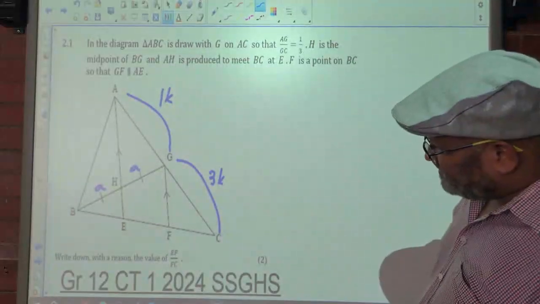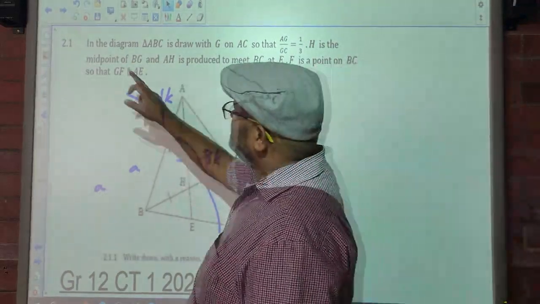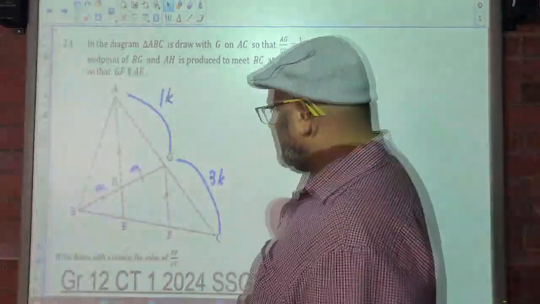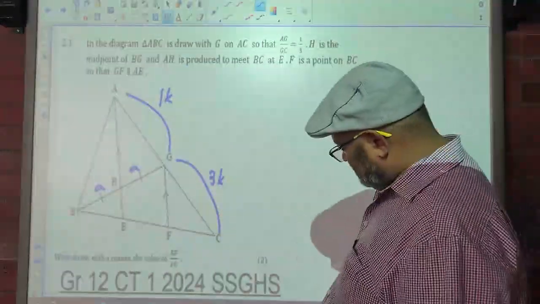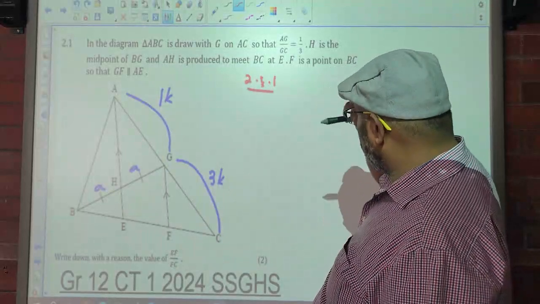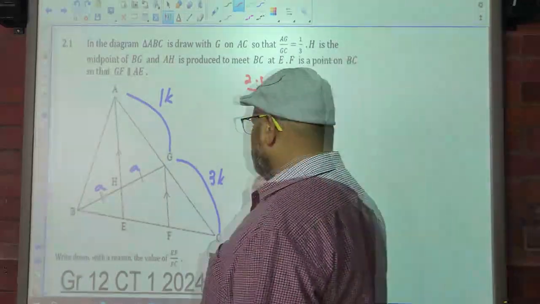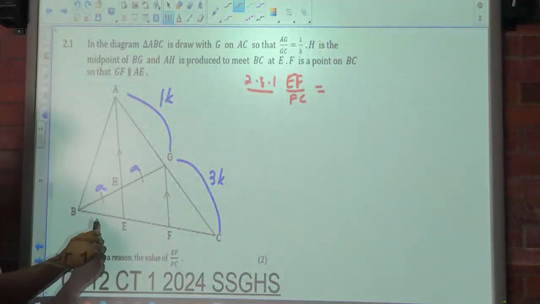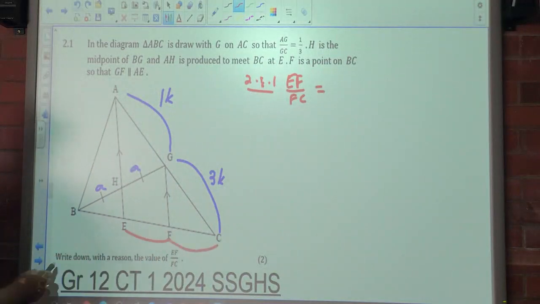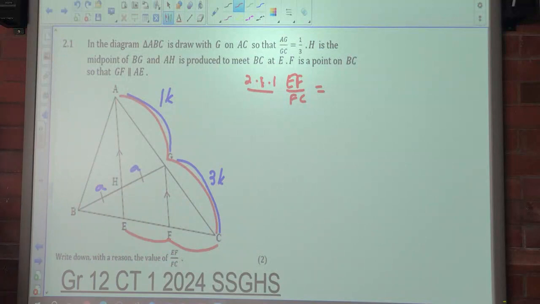Then the question says, write down with reason. Okay, so that is 2.1. So there's a 2.2 as well. Write down with reason EF over FC. So when I look at EF over FC, it is equal to AG over GC. Not so. So that is fairly straightforward.